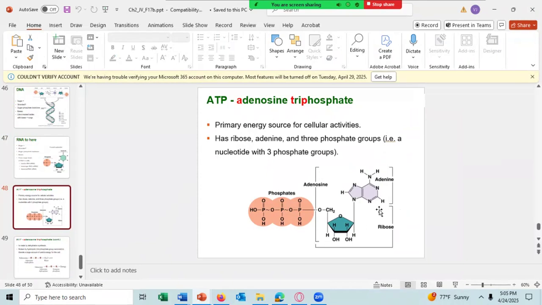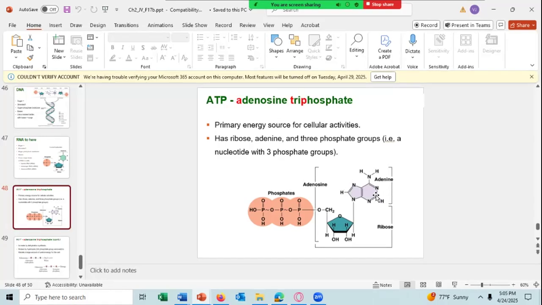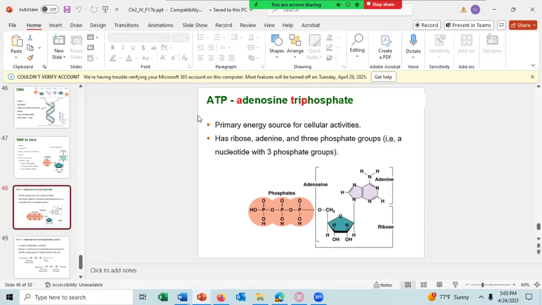ATP has ribose, a 5 carbon sugar, adenine, one of the nitrogen containing bases of DNA, and then 3 phosphate groups. Let me blow this up so we can see it better.